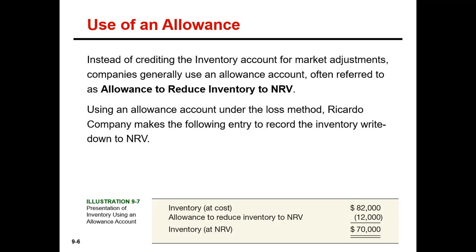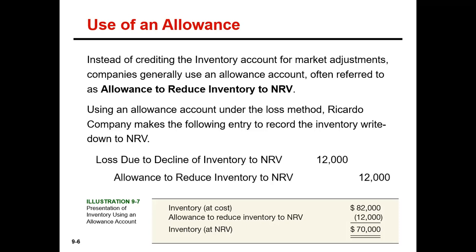So it says, using an allowance account under the loss method, Ricardo Company makes the following entry to record the inventory write down to net realizable value. Instead of debiting the loss and crediting inventory, we would debit the loss and credit the allowance to reduce inventory to net realizable value.